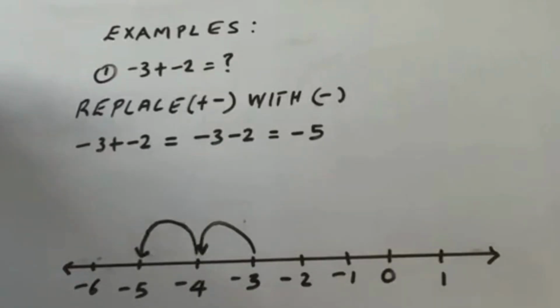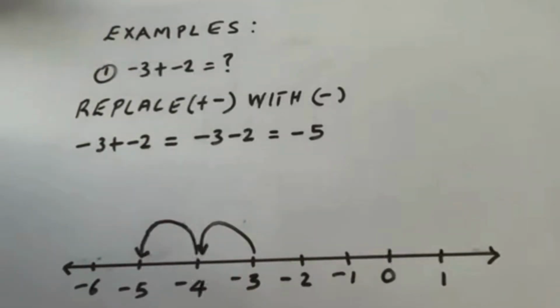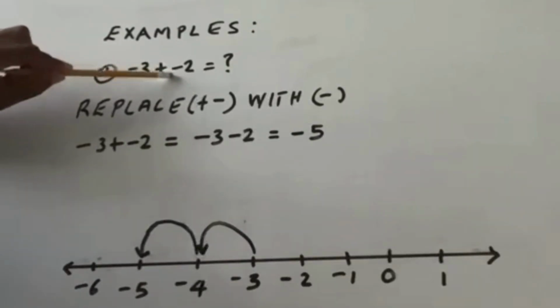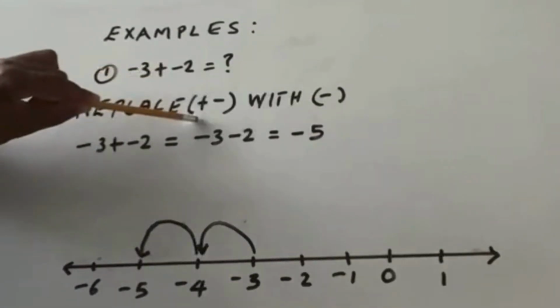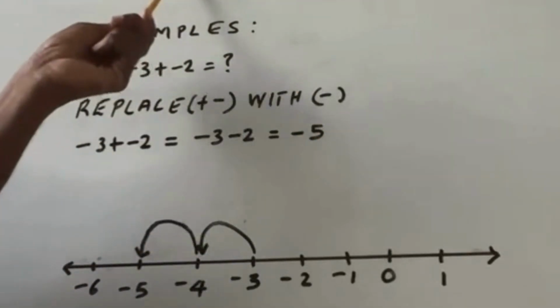Let's look at this example. Here we have negative 3 plus negative 2. Now remember our sign rules. If the signs are the same, we add, and if the signs are different, we subtract. Here, the signs are different. One is a plus and the other is a minus. So we're going to replace the plus and minus signs with a minus sign based on our sign rule above.